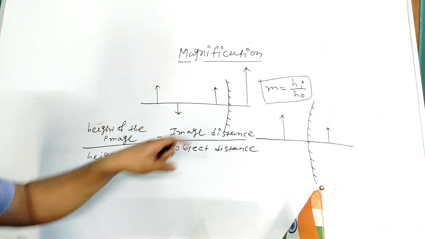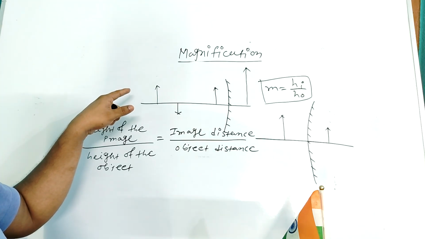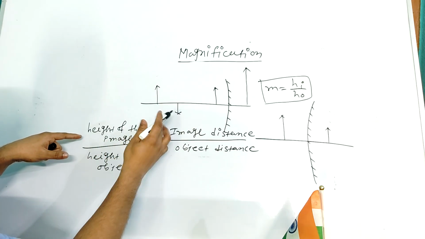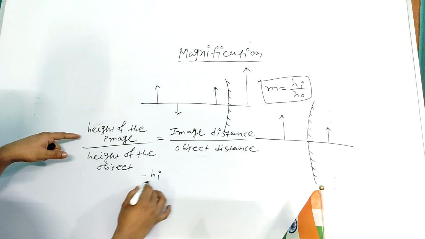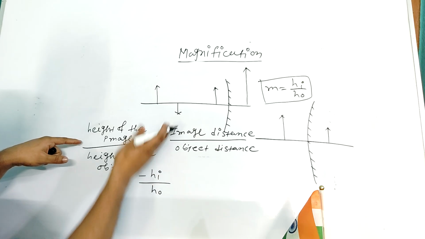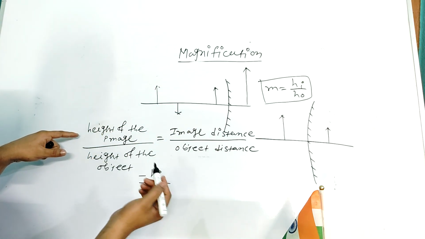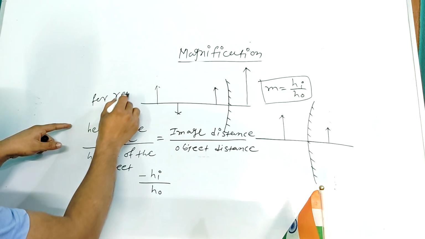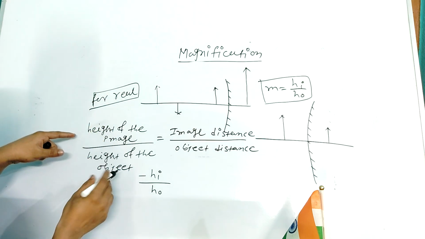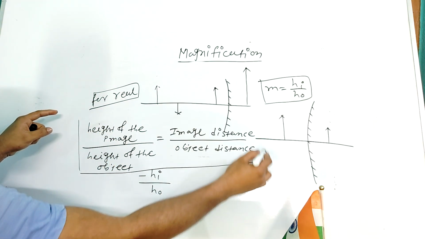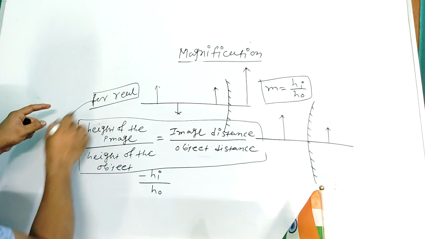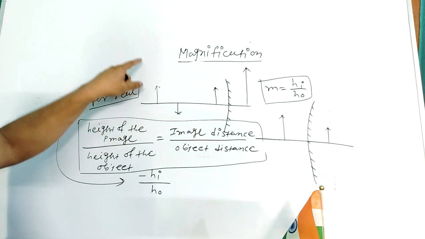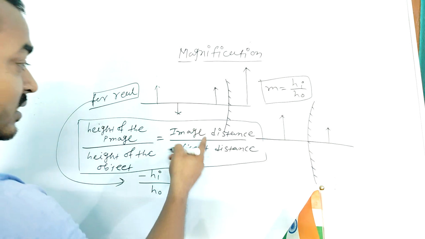If we have a real image, the height of the image is negative, the height of the object is positive, above. So for a real image we are writing: height of the image, downward direction negative, height of the object, upward direction positive, equals image distance.